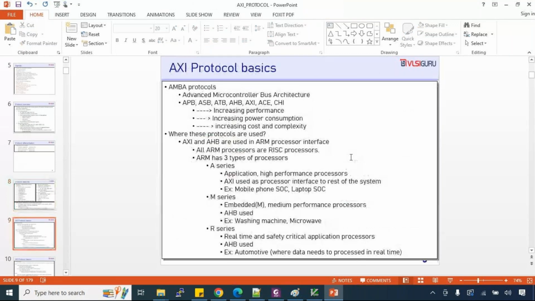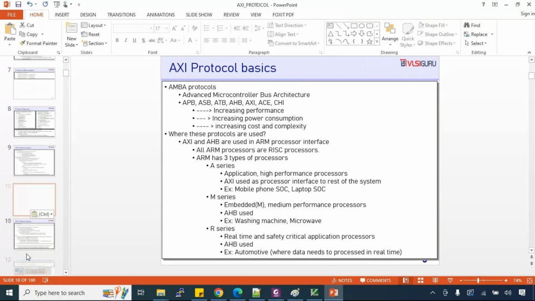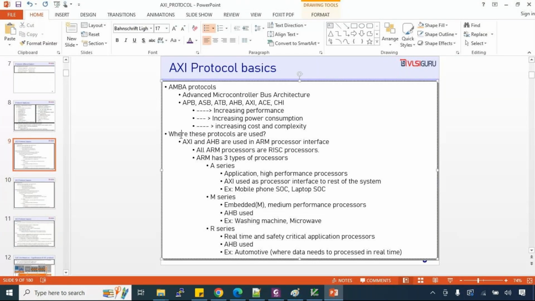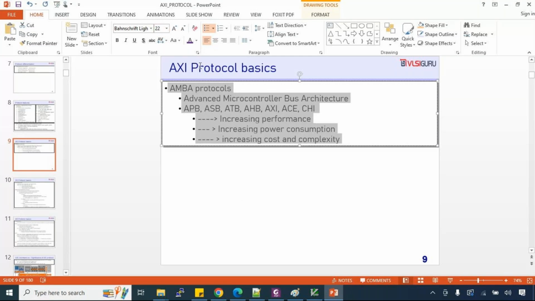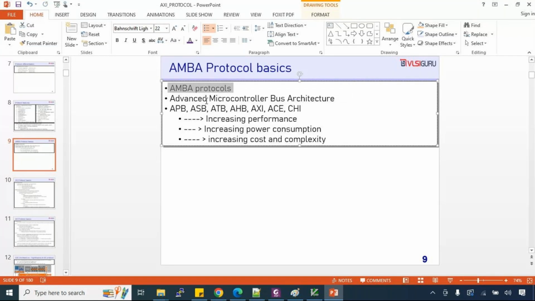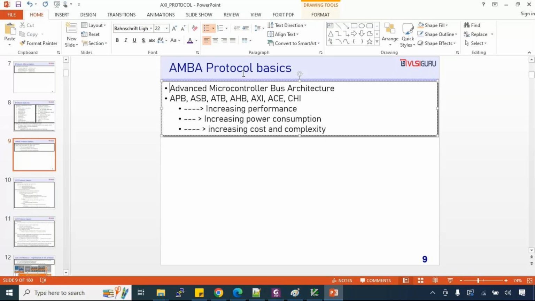Let us start off with understanding some basics of the protocol. AMBA protocol basics.